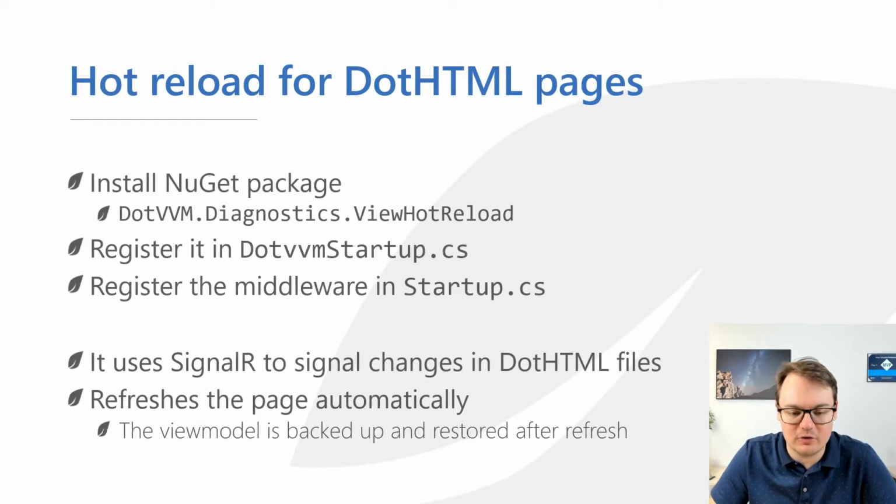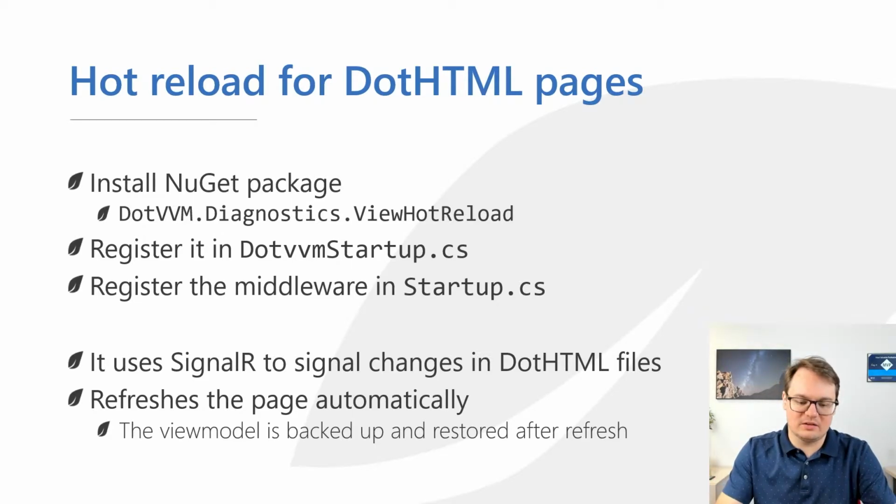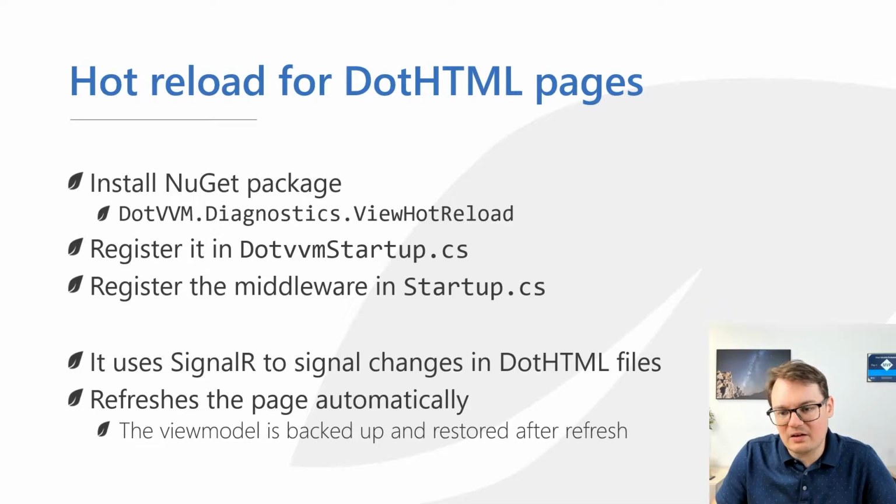And there is also a second part, which takes place when you change the markup files. So if you change something in the .dothtml file, and this is not the .NET runtime concern, this is DotVVM concern. So we have an extension package that can watch changes in these files, and if it detects that some markup file was changed, it can refresh the page.